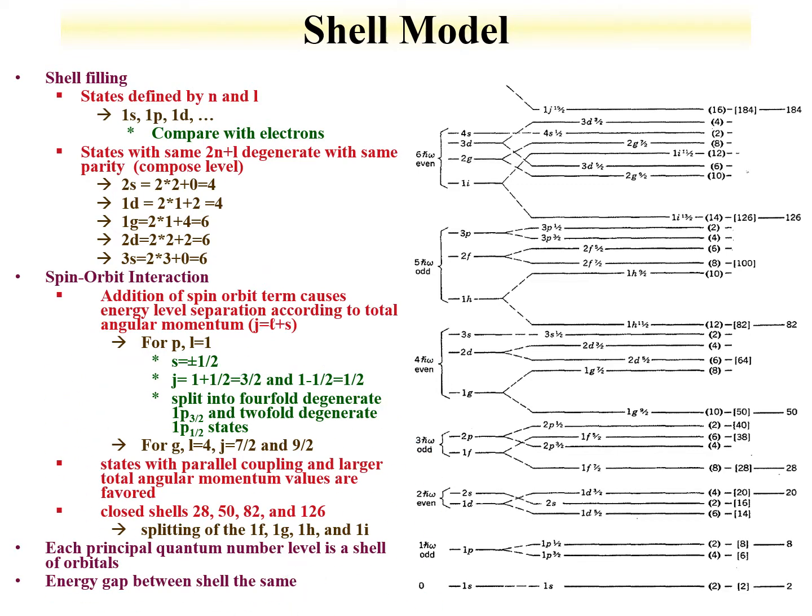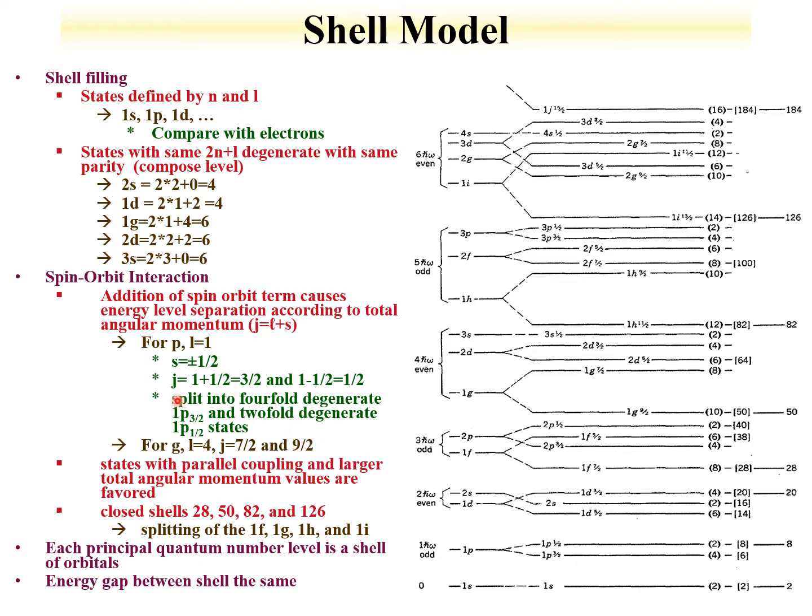And then when we have spin-orbit coupling interactions, we can split the angular momentum, where j equals l plus s. As an example for this, we could take the p states, where l is equal to 1. The spin is either plus 1/2 or minus 1/2. So the splitting of the p states will either be a 3/2 or a 1/2 state.